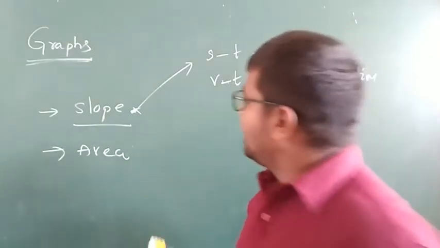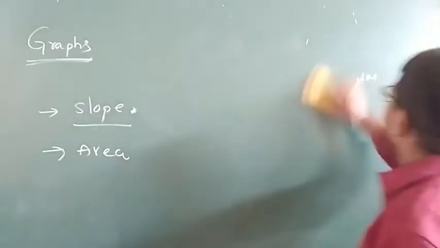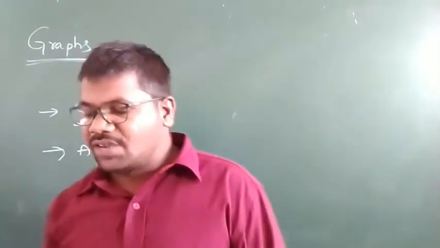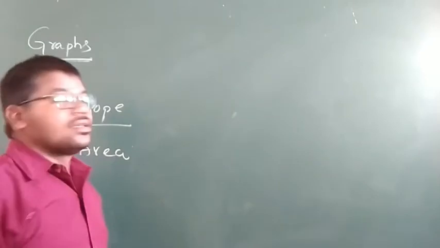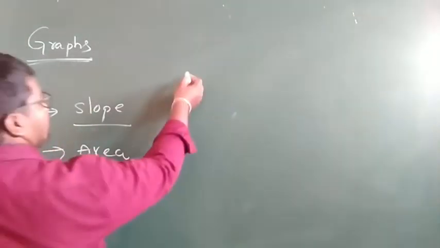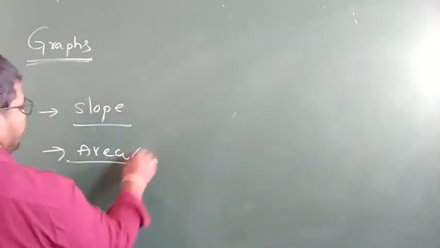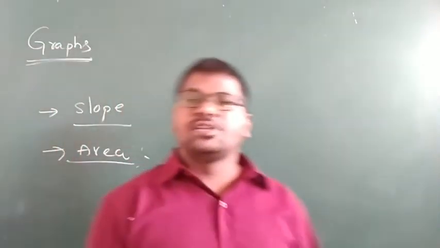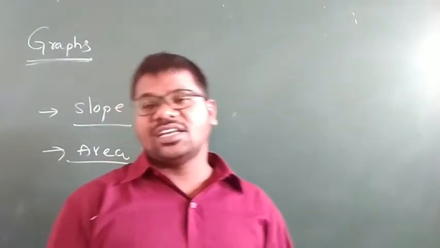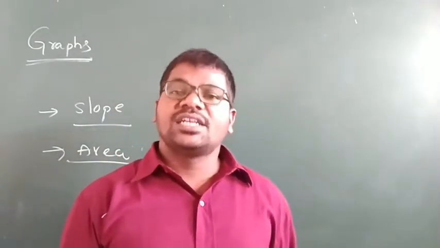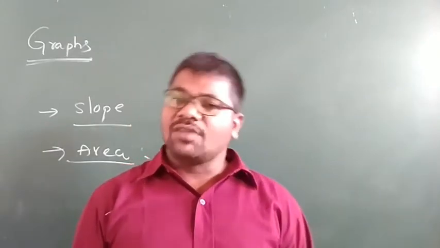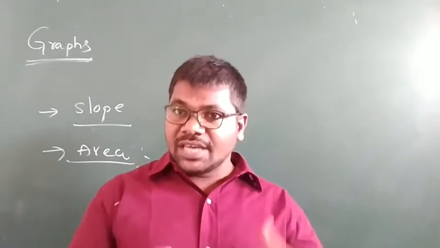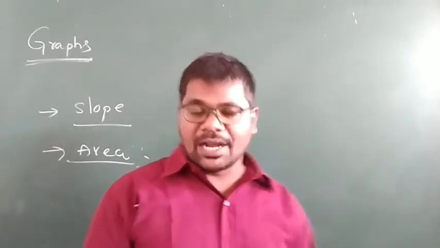Okay, so coming to area. How can we find the area of a graph? By using simple formulas. If a triangle is there, then 1 by 2 base into height. If a rectangle is there, L into B. By using those formulas, we have to find the area. This area will give different parameters.